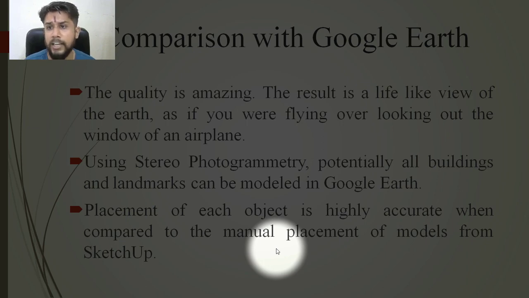The result is a lifelike view of that means the vision is so powerful that you are visualizing from the window of an airplane by your bare side. With the help of stereo photogrammetry, potentially all buildings and landmarks can be modeled in Google Earth. The placement of each object is highly accurate when compared to the manual placement of the models from SketchUp.